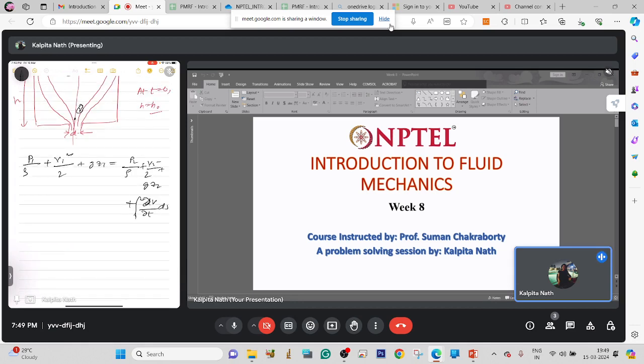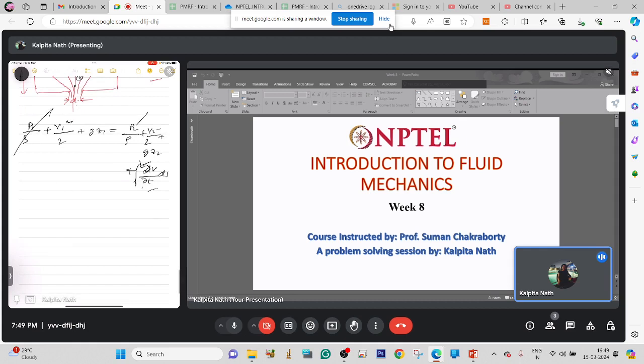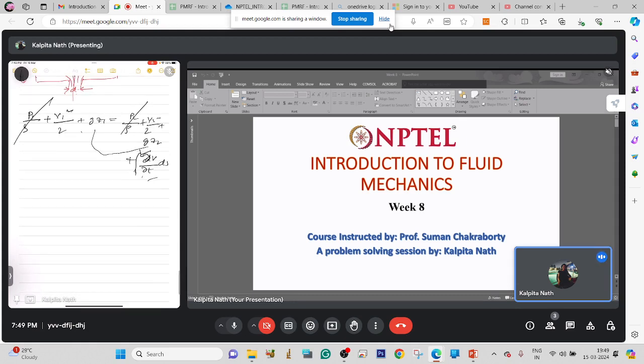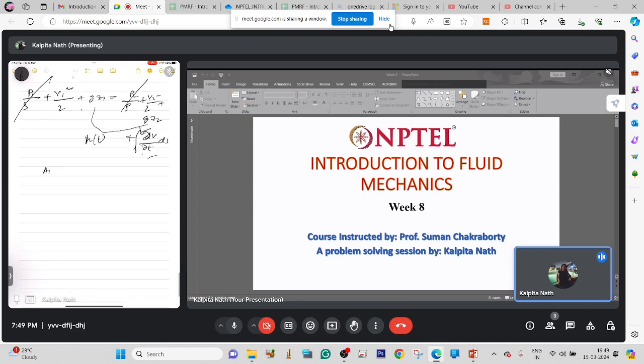Now this is the extra term that is there for the unsteady Bernoulli equation. Both of them are at atmospheric pressure, so P1 and P2 cancel out. Now Z1 minus Z2 will be equal to h(t), which is also a function of t. As time increases, it decreases. Now A1 V1 is equal to A2 V2, so V1 D1 square is equal to V2 D2 square.